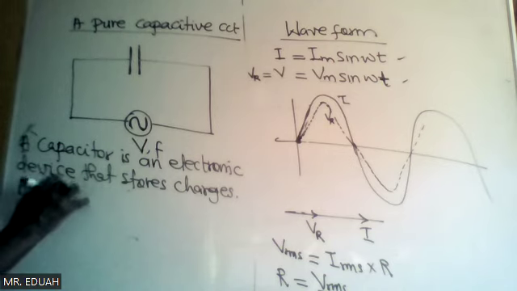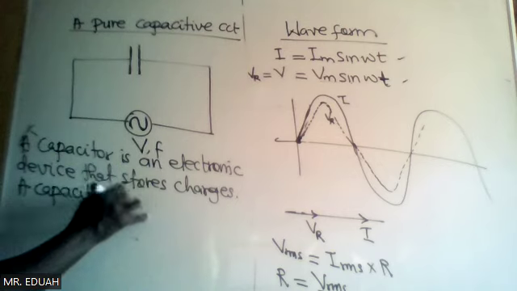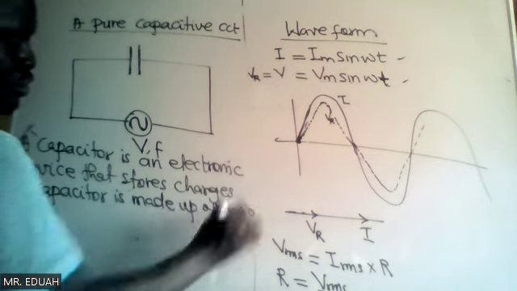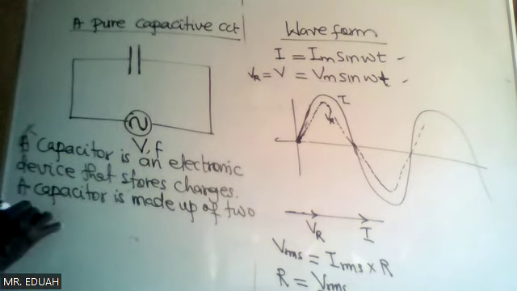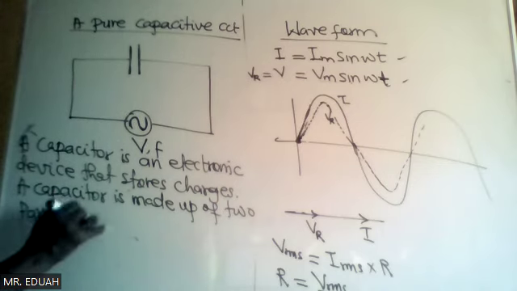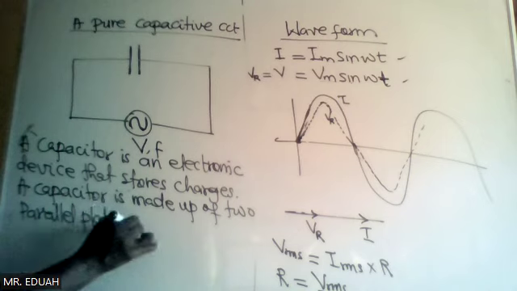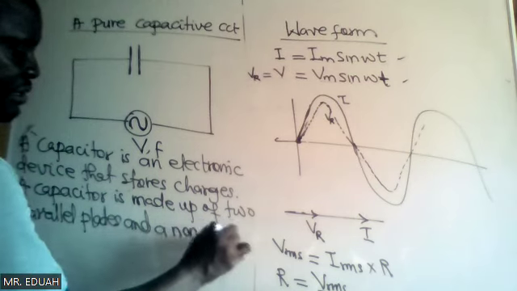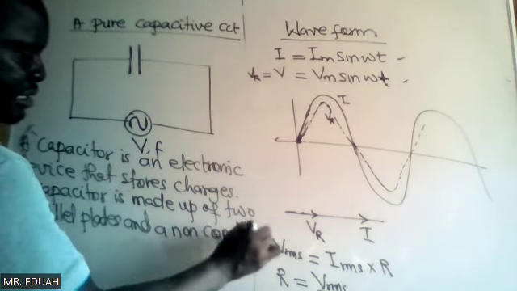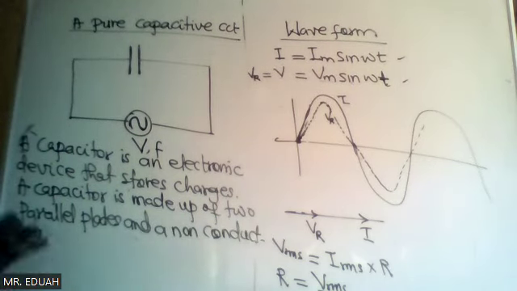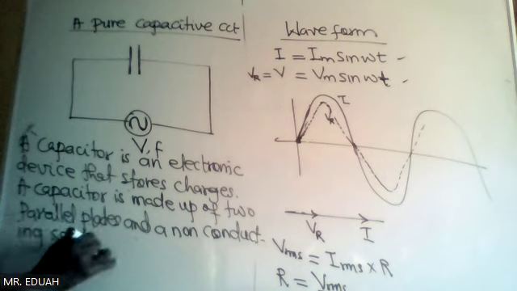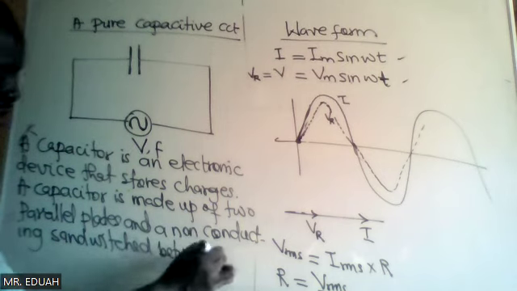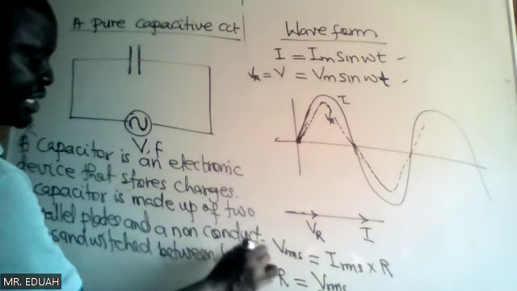So a capacitor is made up of two parallel plates and a non-conducting material sandwiched between the two plates, known as the dielectric.